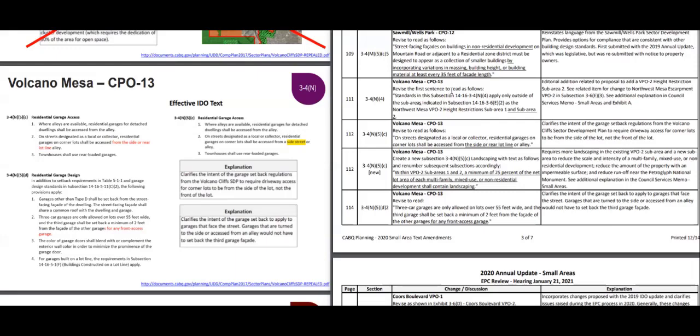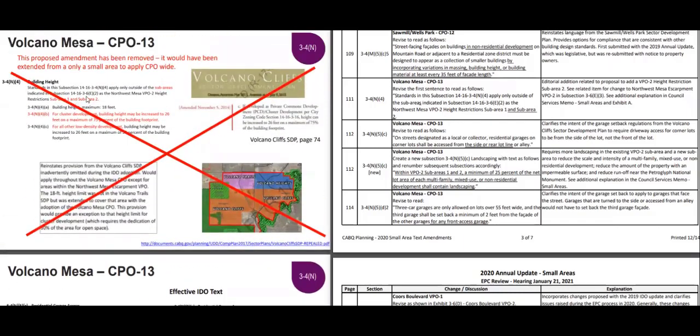I'm going to jump back to this first change. I think this is actually shown right here in this height sub area one, but ignoring this subsection right here, what this change does is it revises the first sentence to read as follows. Standards in this subsection 14-16.3.4 and 4 apply only outside the sub areas indicated in subsection 14-16.3.6 as the Northwest Mesa VPO-2 height restriction sub area 1 and sub area 2.